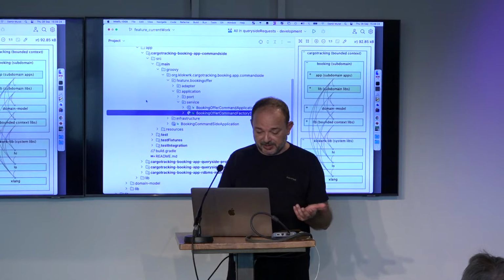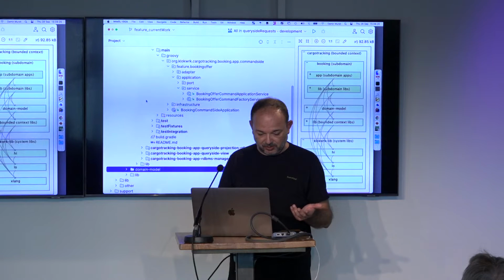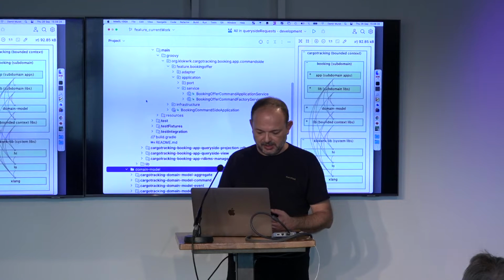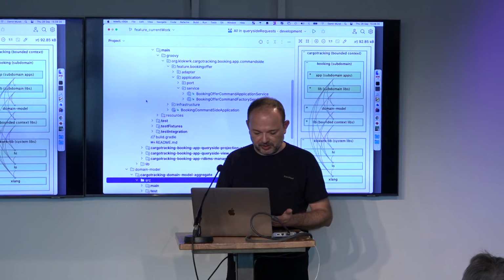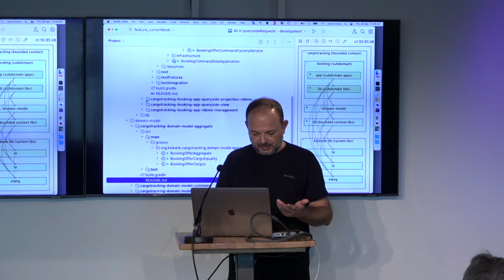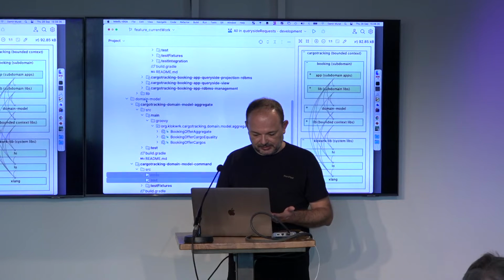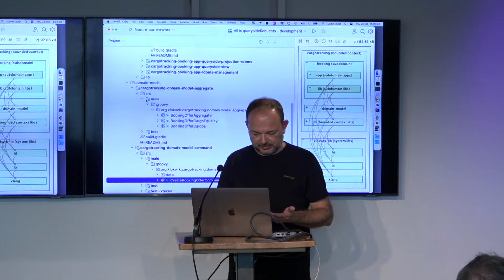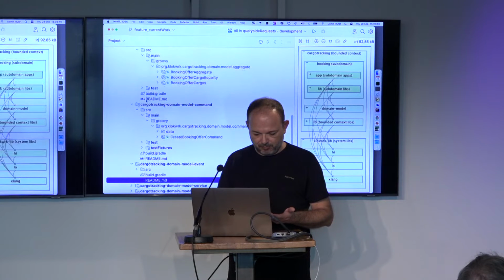For that purpose, I'll move down to the level of domain model category. And somewhere inside, I should be able to find the aggregate. Here it is. And the command and event.